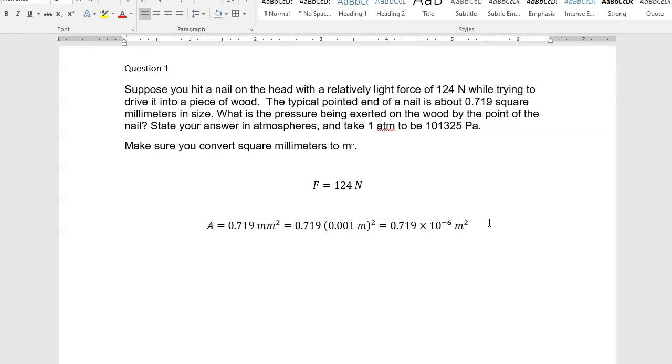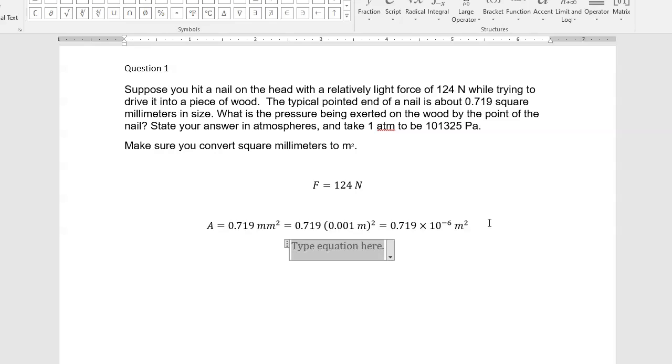Okay, so the pressure is defined by force over area. I'm not going to do all the math, but this is where we are, 0.719 times 10 to the minus 6 meters squared.